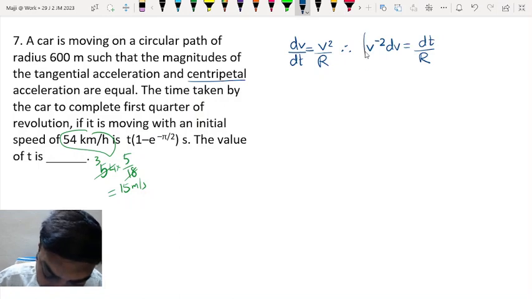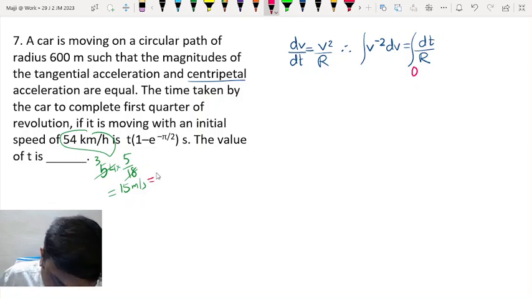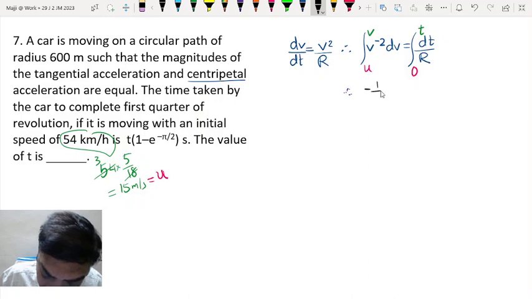Integrating both sides, we have initially time was 0 and the velocity, for now I'll take it as u. So initial velocity was u here, and right now the time is t, velocity is v. So integrating both sides, we have minus 1 by v.